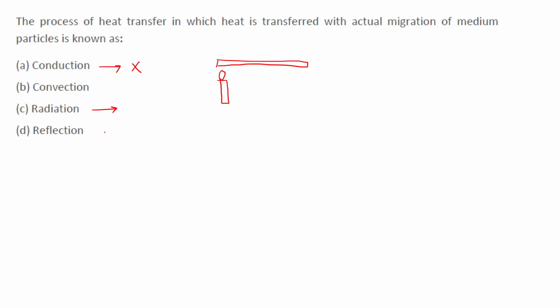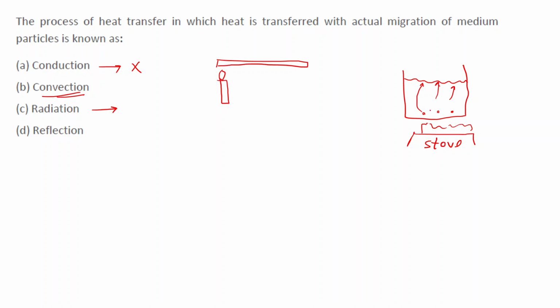Reflection, anyway, is not a heat transfer thing. It happens for convection actually, in which the migration of medium particles happens. Like in the case of boiling or heating a container of water. So there is a water container and it's kept on a stove, and I'm heating this water. As soon as the water particles at the bottom gain energy from the stove, they go up, right?